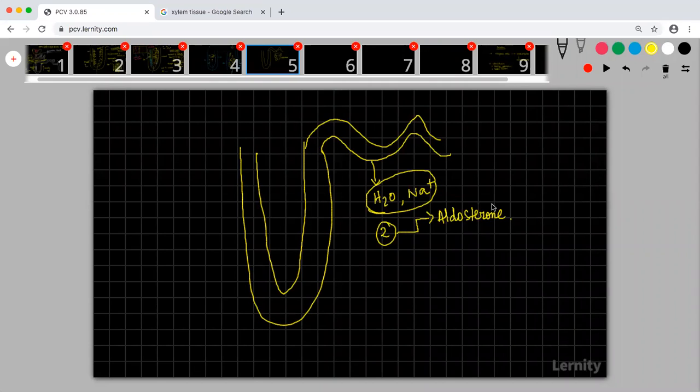This aldosterone will ensure that sodium is absorbed more. And then the second one is a hormone called vasopressin. What is this vasopressin going to do? This will ensure that water is absorbed more.